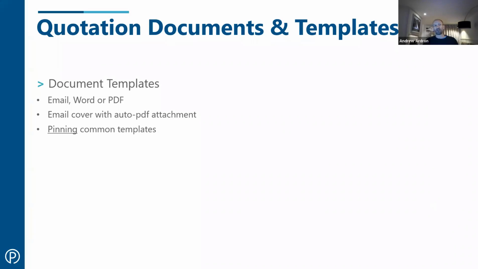We've got a whole plethora of different ways that you can build document templates, and I'm not going to go into them all, but my favorite, I think the most popular, that kind of ticks the boxes I talked about, you know, a complete document set that helps your customer to buy, and is easy for your customer to use, would be an email that you send out with some PDF documents attached and some links that the customer can click on for additional information. So that sort of email cover with PDF attachments is my favorite.